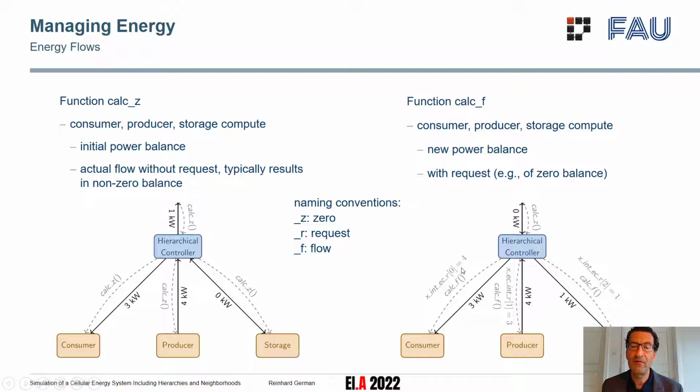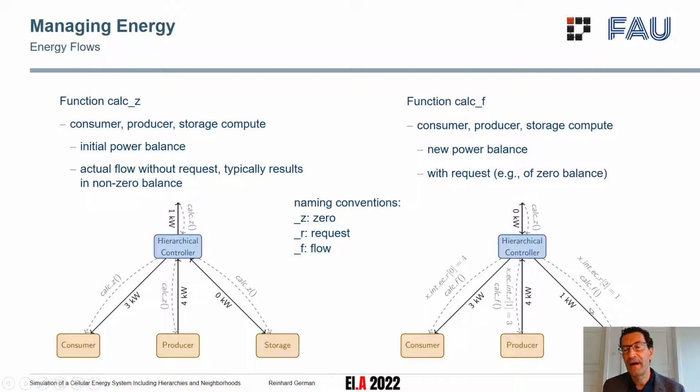asks them for different energy flows. So it starts with a first cell, the consumer, and asks if it could consume 4 kilowatts, but the consumer says, no, that's not possible. So then it goes on with the producer and whether it could produce a little bit less, but that's also not possible at the moment.